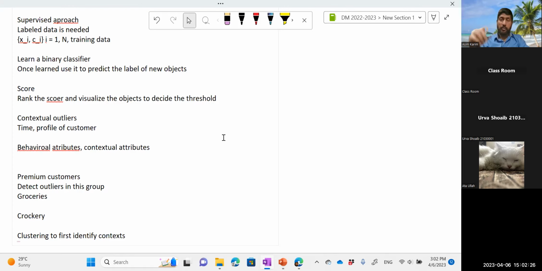By the way, many times you don't even know the contextual attributes, so you give all the attributes, do the clustering, and then analyze the clusters. Once you have found those clusters and they seem to be relevant context for your analysis, then within each cluster you can apply any of those outlier detection techniques that we talked about previously. Okay?